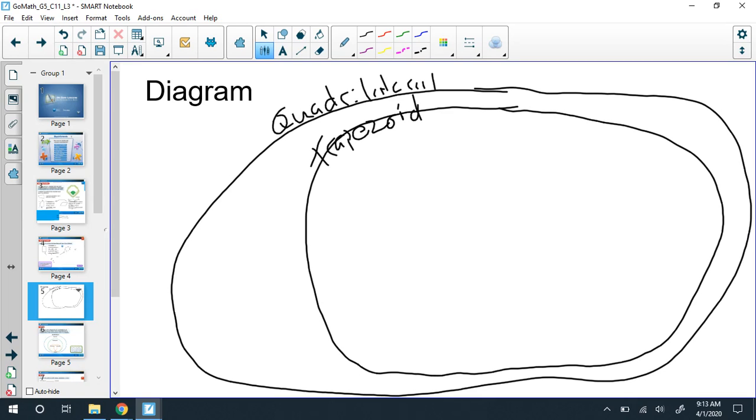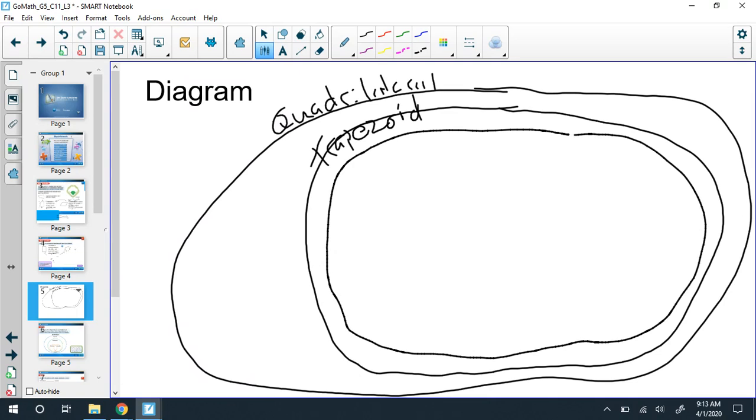Now, inside of the trapezoids, we have another really big blob that's going to catch a lot of other quadrilaterals. And inside of here is going to be parallelogram. Now, inside of the parallelogram, we need to kind of disjoint this into 2 different circles.